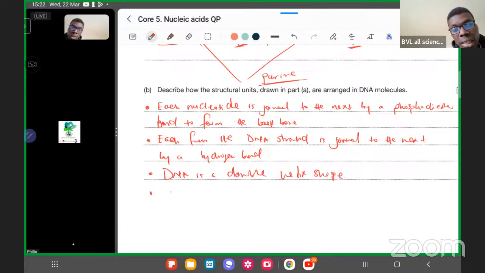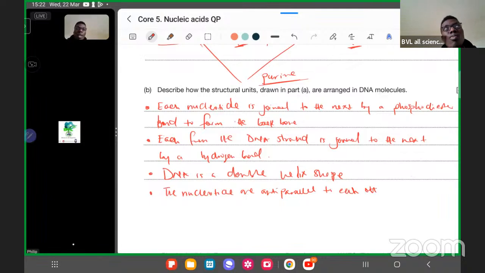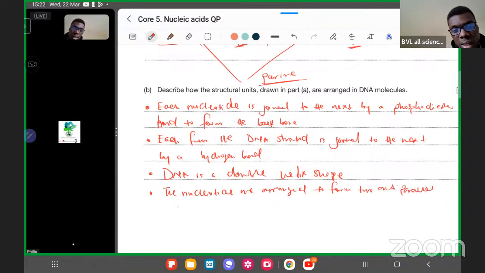You can also say that the nucleotides are arranged to form 2 anti-parallel strands.